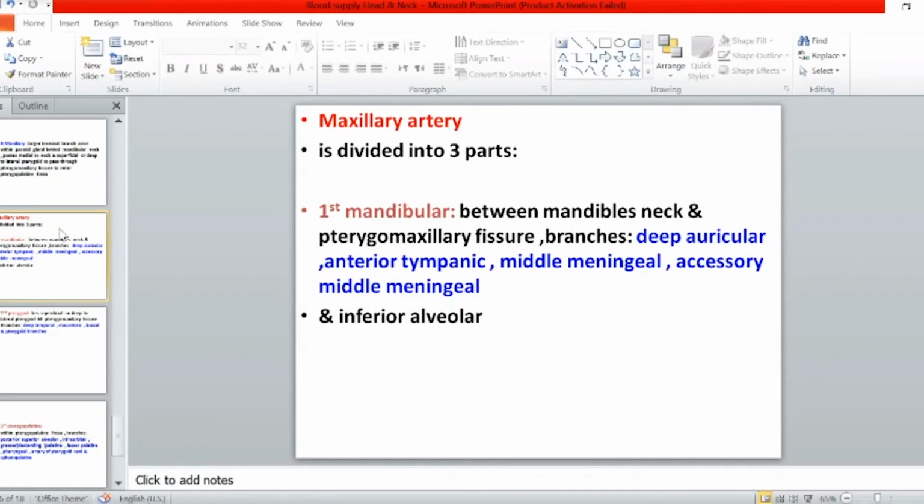Also, it supplies the nasal cavity, the floor of the orbital cavity, the maxillary sinus. All these are supplied by the maxillary artery together with the nasopharynx. So it has an extensive supply.